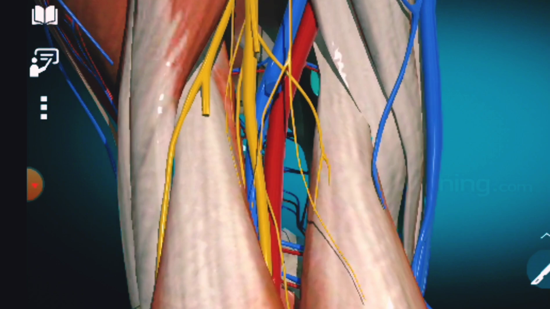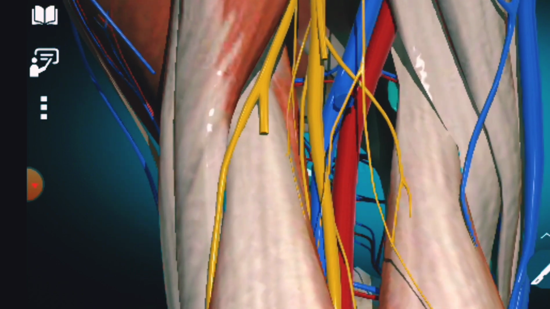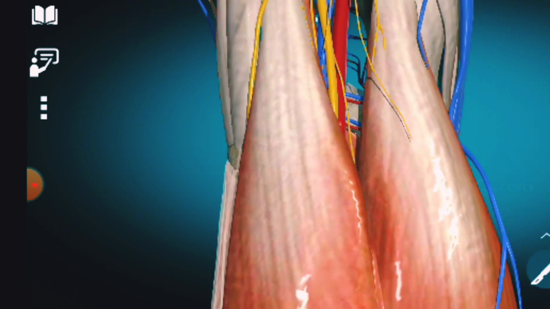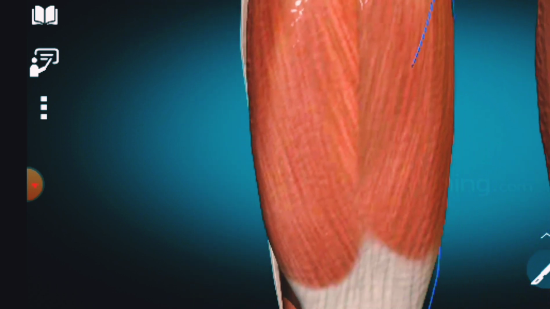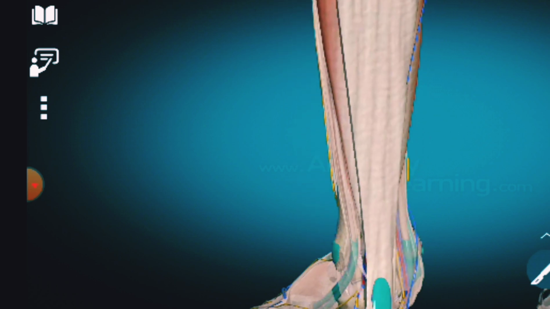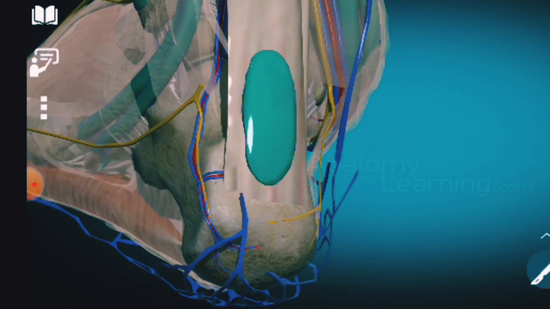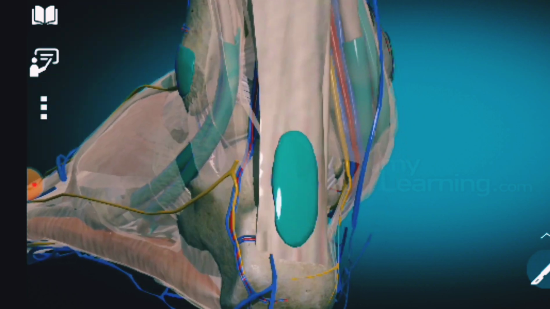Then the lateral head will originate from the lateral surface of the lateral femoral condyle. These two heads join up, and then they insert by a single tendon, the Achilles tendon, on the posterior aspect of the calcaneus here.